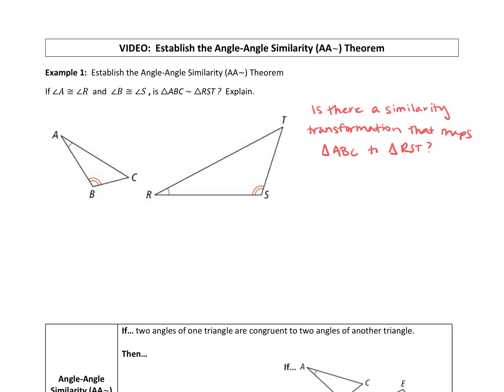So if all we know is that we have these two sets of congruent angles, can we come up with a similarity transformation that will map one triangle to the other?